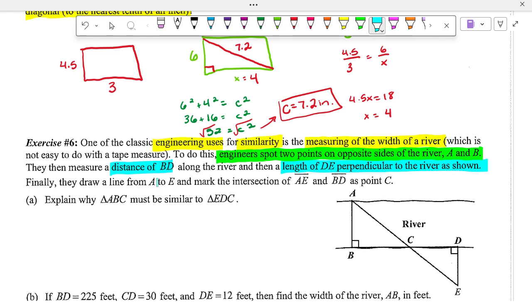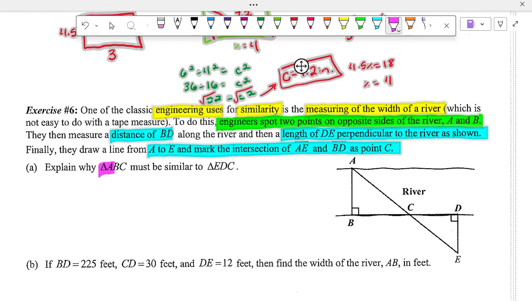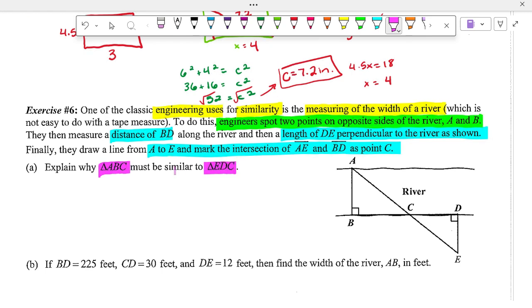They draw a line from A to E to mark the intersection of AE and BD at point C. So all of what they just said, they put here. Now, we're going to explain why triangle ABC is similar to EDC.